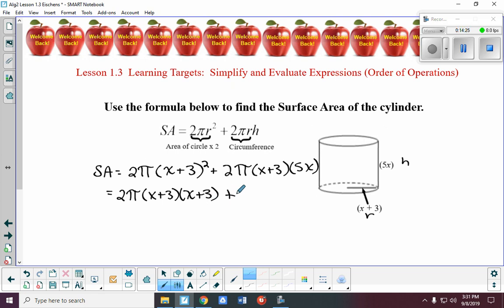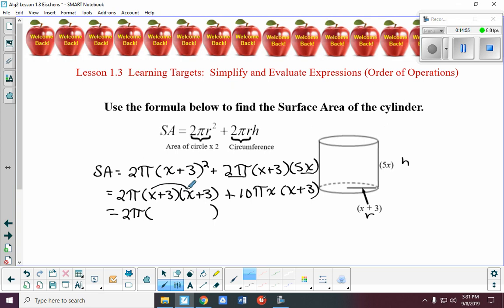And for this one, I'm going to use that commutative property. So 2 times 5 is 10, and then you have pi, and then you have the x, and then you have x plus 3. So I combine this and this, so I got 10 pi x times x plus 3. So the first thing I'm going to do is I'm going to just leave 2 pi out front, and I'm going to multiply or FOIL the x plus 3 times x plus 3.